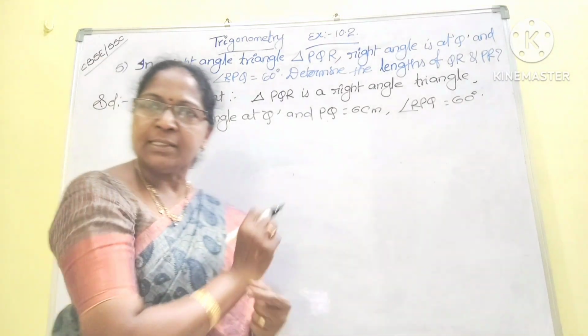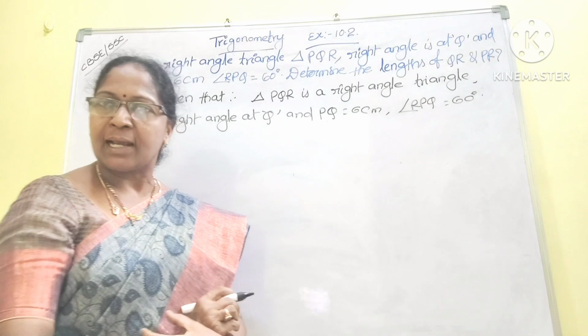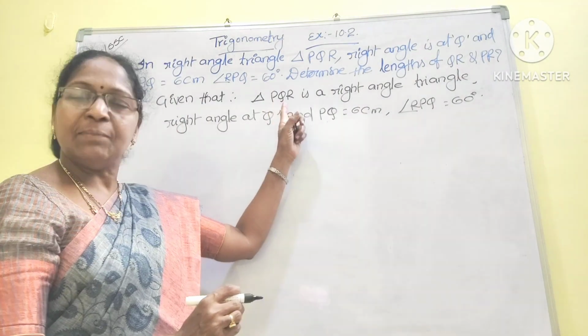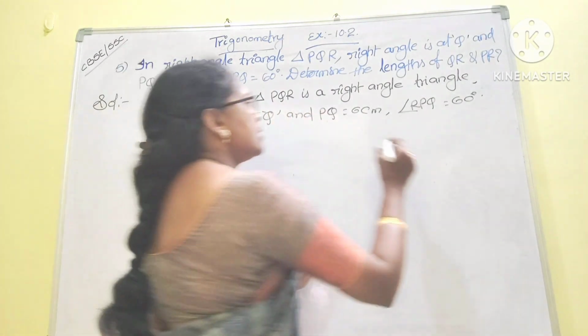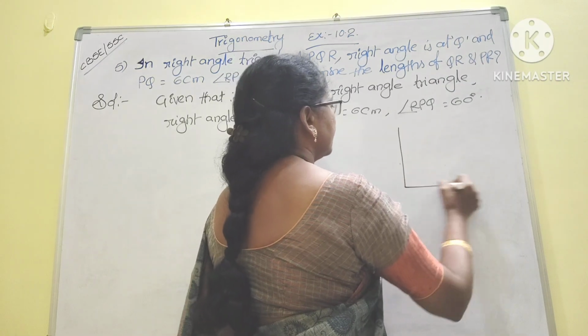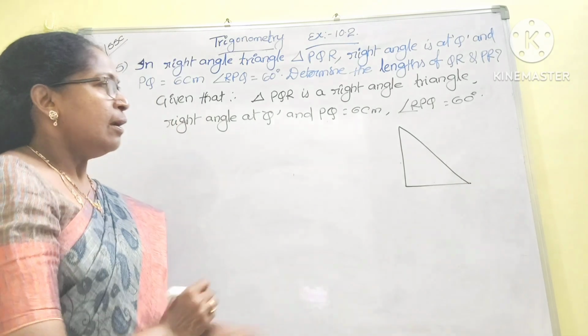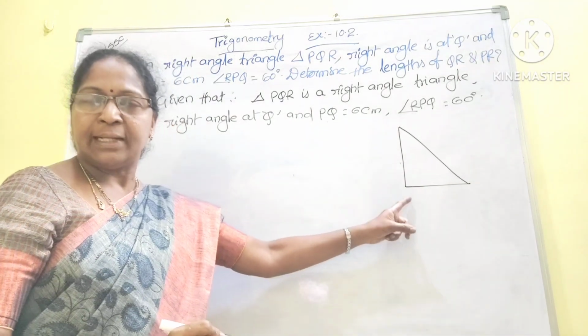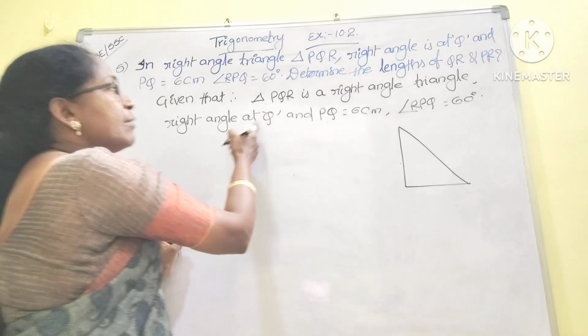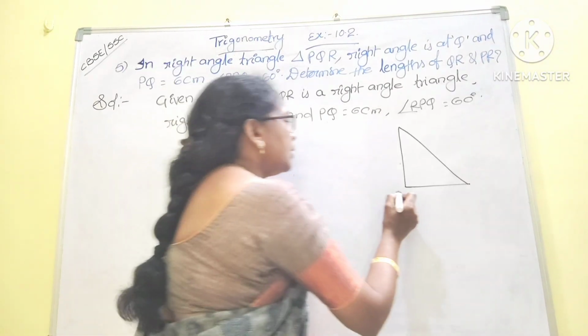Now here, in this question, one right angle triangle is there. That right angle triangle name is triangle PQR. Just draw the right angle triangle. This is one of the right angle triangle. PQR is the name of this right angle triangle, but right angle is at which letter? Q. So this is the right angle.